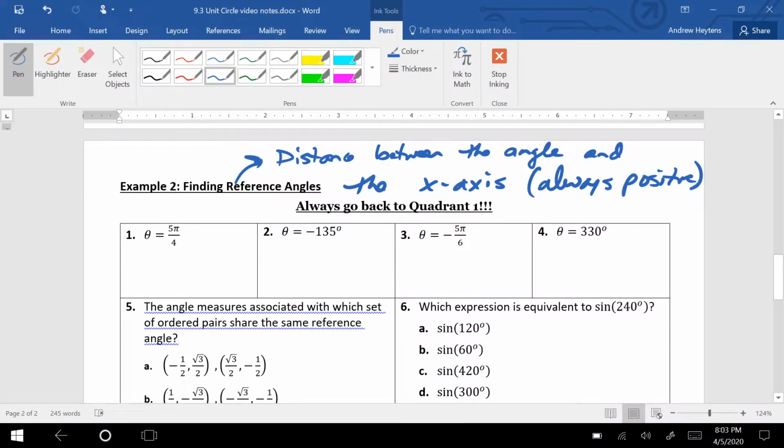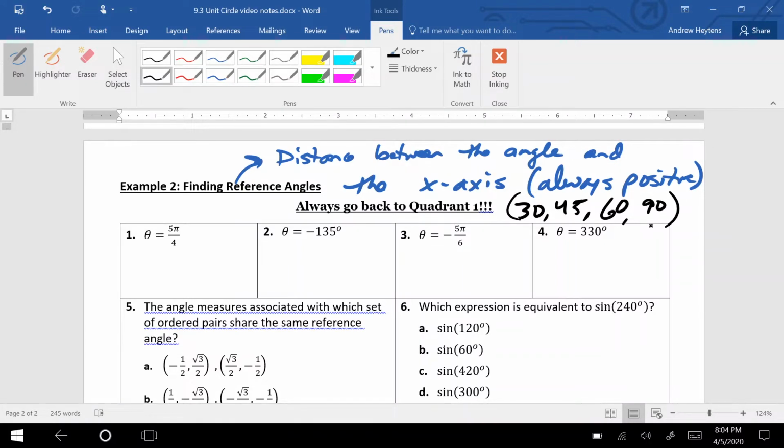Okay, so with reference angles, generally you only have about 4 options for answers. Your answers usually are going to be 30, 45, 60, or 90. So to help you a little bit, all your answers are going to be either 30, 45, 60, or 90.